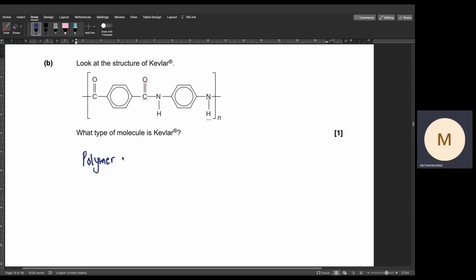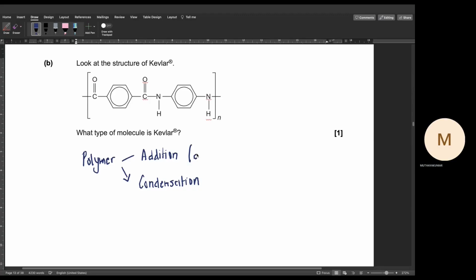Now, there are 2 types of polymers. It can either be addition or it can be condensation. To identify whether it's addition or condensation, we need to know what kind of monomers are involved in it. In addition, we are looking at alkene-based monomers. And in condensation, we need 2 different functional groups.